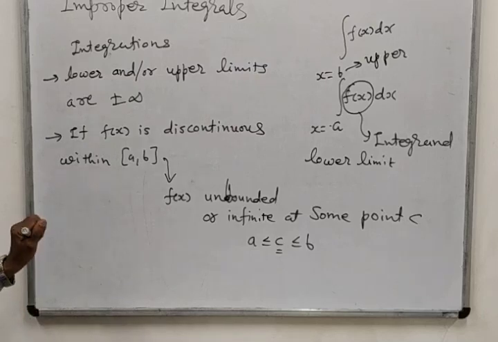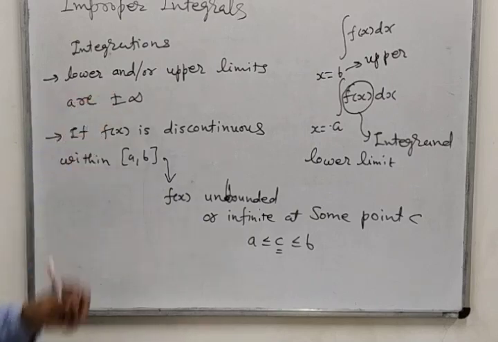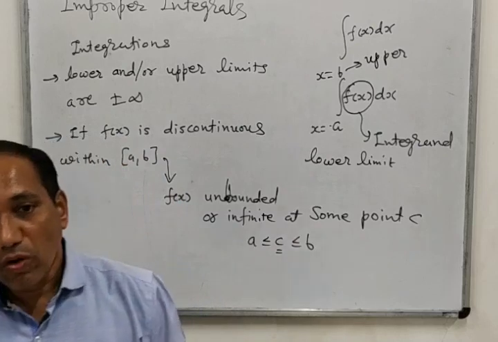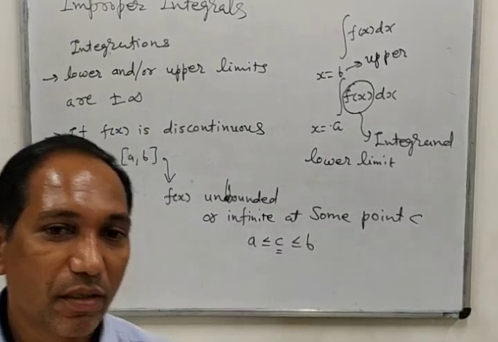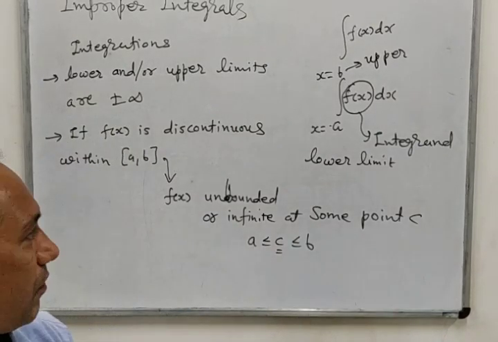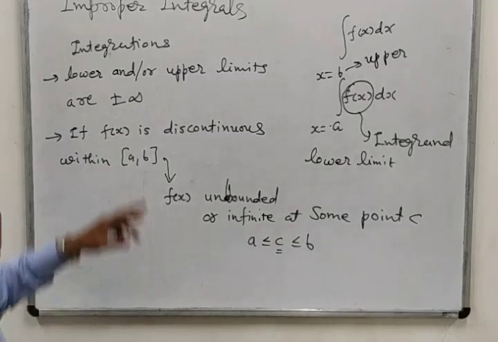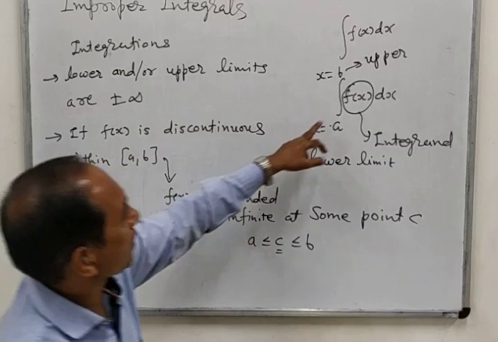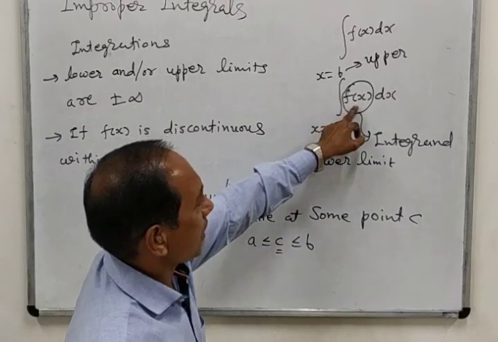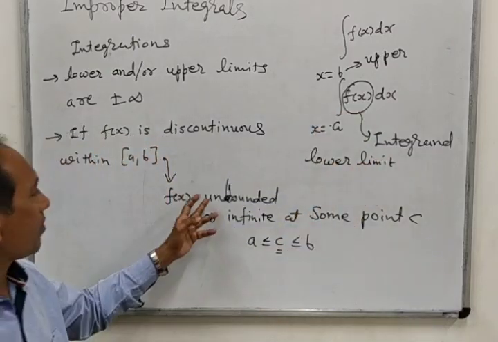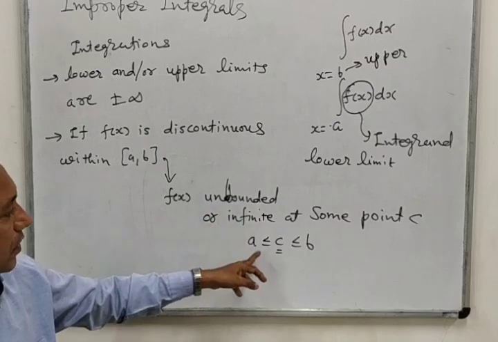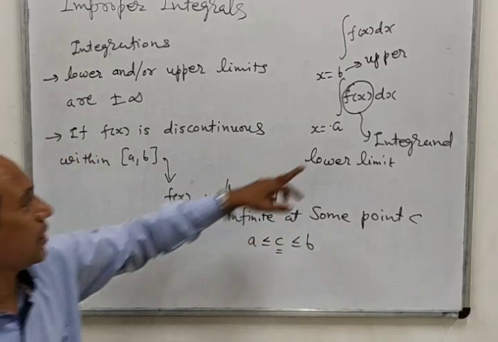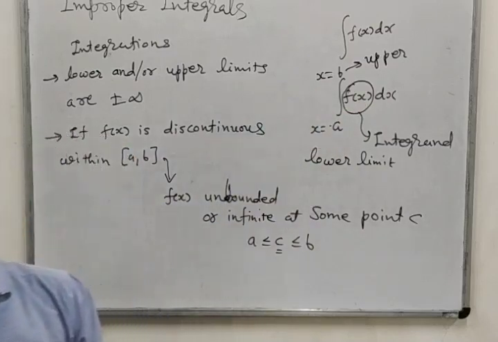Okay? So in these two cases, once again, if a or b or both are infinity or minus infinity, we say that the integration is an improper integral. Or otherwise if the function f(x), that means the integrand, is unbounded or infinite at some point c between a and b, we say that the integration is an improper integral.